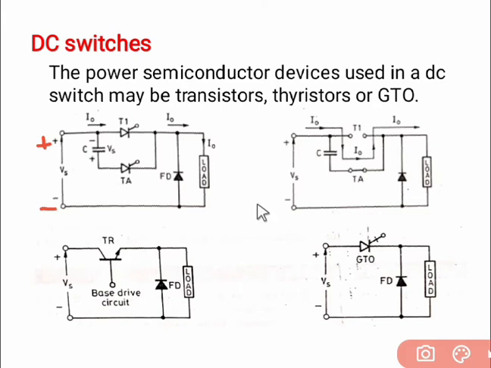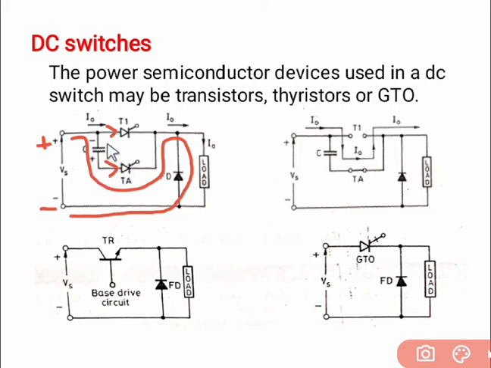Suppose we want to turn off this thyristor, or disconnect the load from the source. If we fire thyristor TA, the current flows in such a way that the current is diverted from T1 to TA.